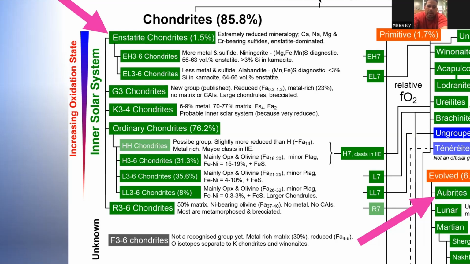That's the determining factor between the EHs and the ELs: how much silicon is bound inside the metal grains. In EHs you'll have about 3% silicon in there, and in the ELs I believe it's about 1%. That's how they differentiate those two groups, besides having slightly different chondrule sizes.